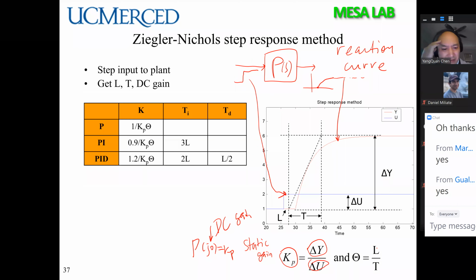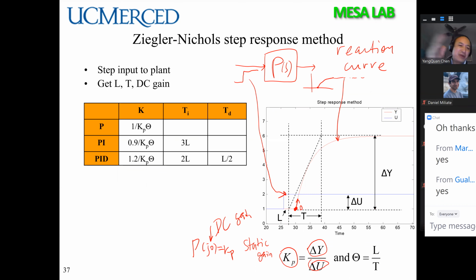Another parameter is called theta. What is theta? Theta is L divided by T. What is L? L is where the response leaves 0 and starts going up.